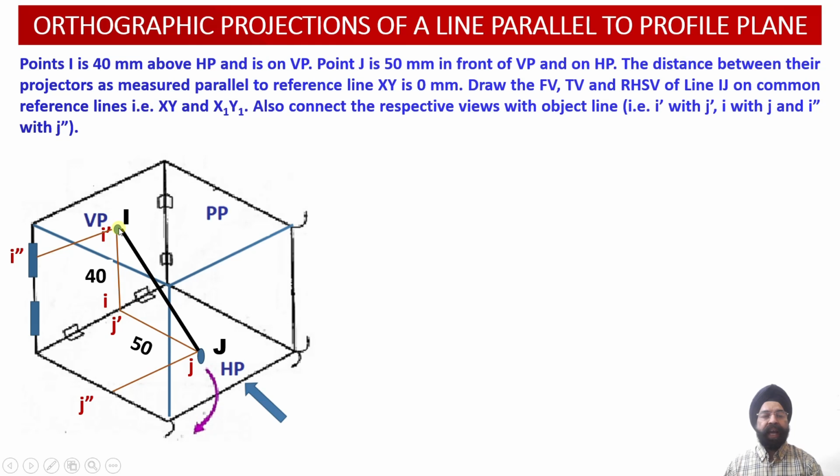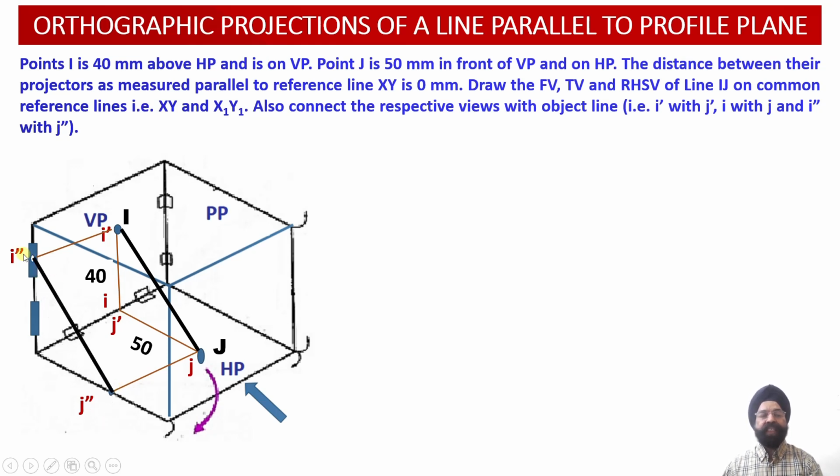So point I has been projected as the observer looks at this point from the right hand side. This will be projected on the profile plane located on the left hand side, and this point will be I double dash. Similarly, point J, when the observer views from the right hand side, will be projected on the left hand side profile plane as point J double dash.